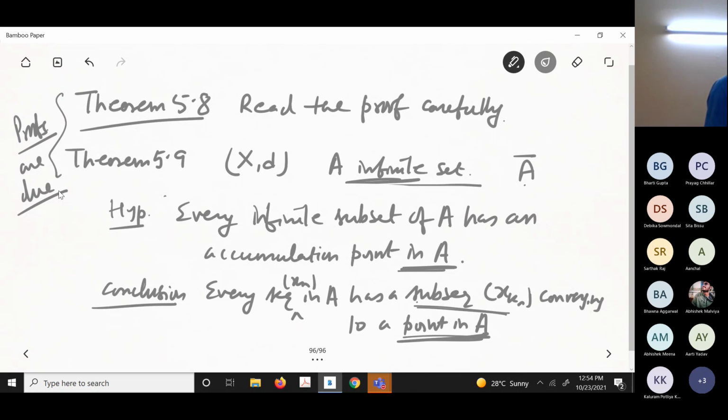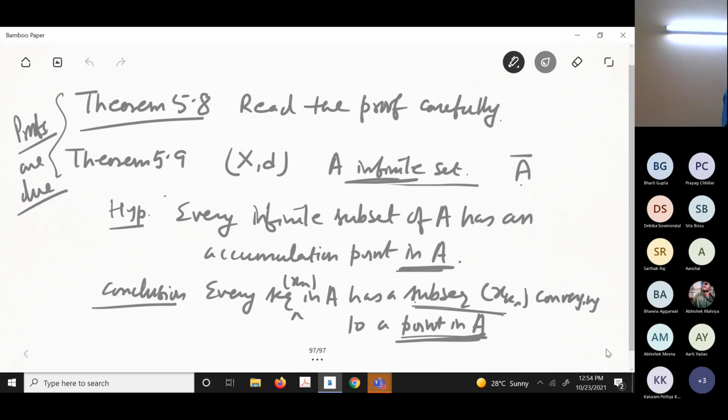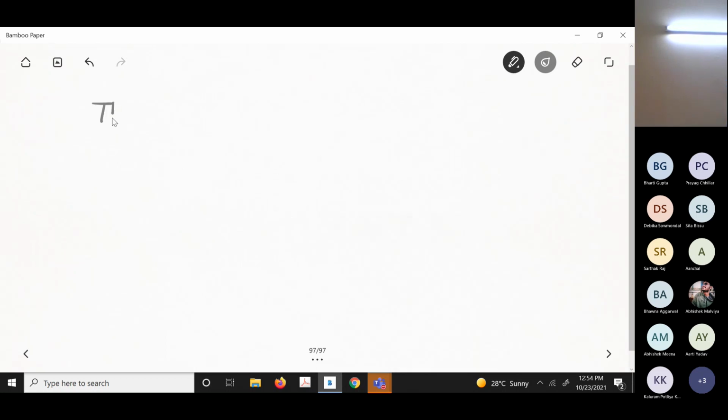I will be back in 10 minutes, but theorem 5.10 is very important. When I take a break, you read that. It not only gives a sequential characterization of compactness, it gives another characterization in terms of accumulation points, like every infinite subset of A has an accumulation point.